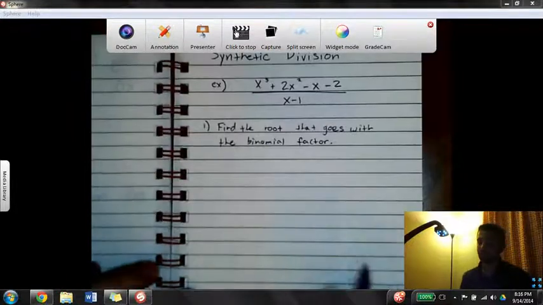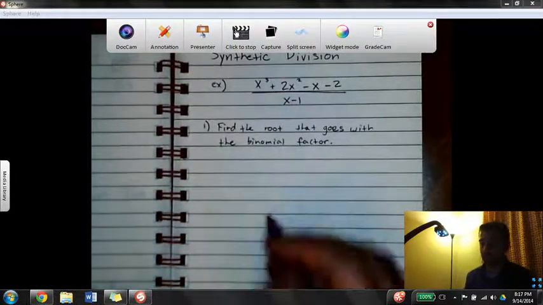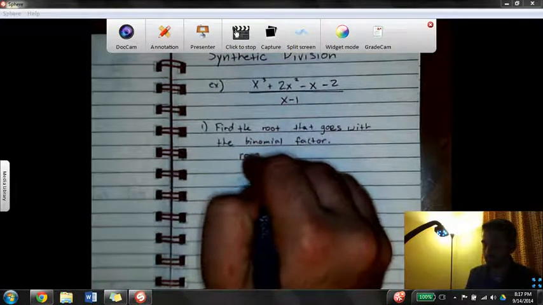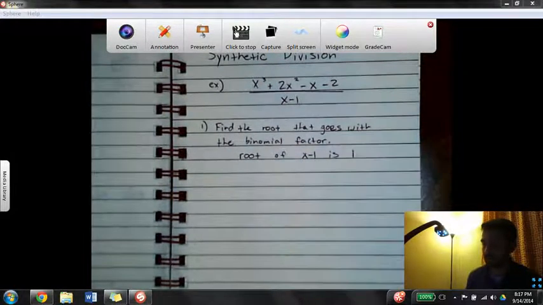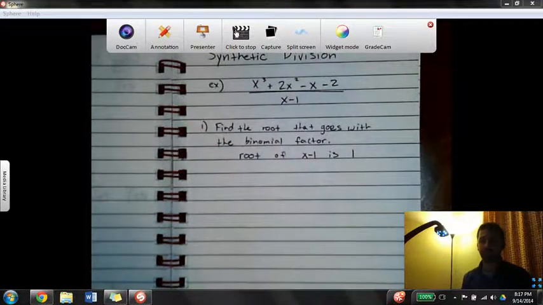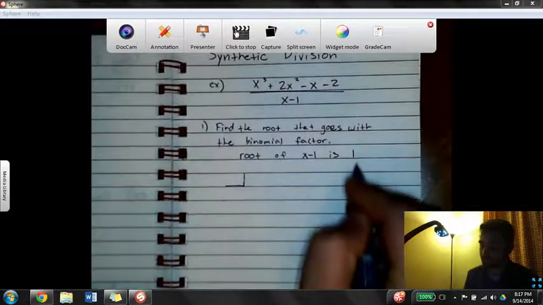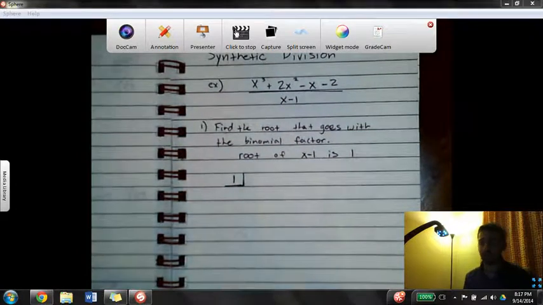So in this case, we're dividing by x minus 1, and so our root here is 1. Because when you set x minus 1 equal to 0 and solve for x, we get 1. So our next step is we're going to take our root and put it in a corner box up here.